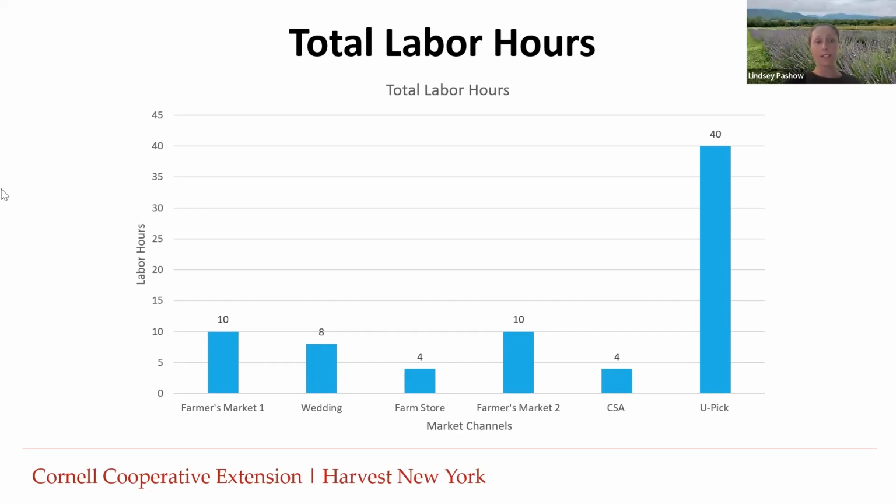And then you've got your weddings and the CSA and the farm stores. Like the CSA, you're just there for a couple hours for them to do the pickup, and your farm store might just be that you're opening and closing it each day or so.